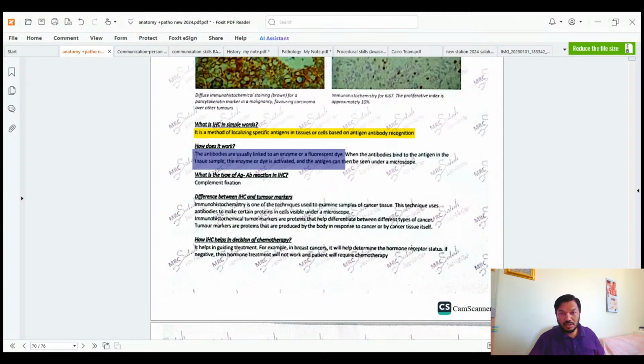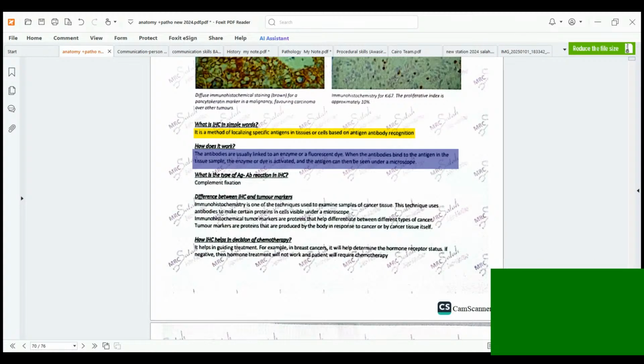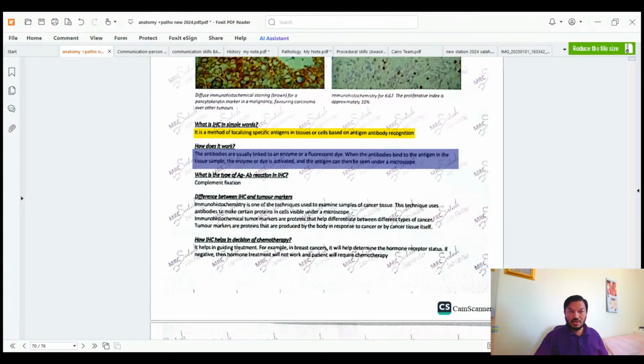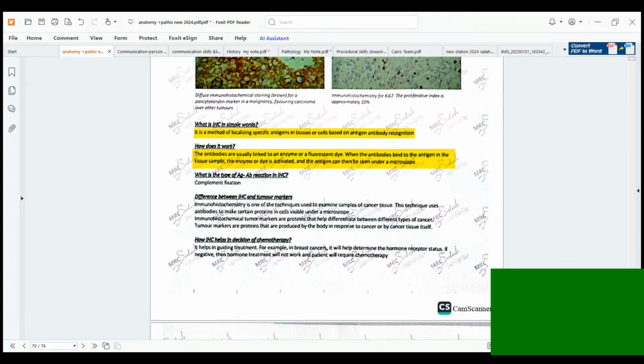When the antibodies bind to the antigen in the tissue, the enzyme or dye is activated, and the antigen can be seen under the microscope.